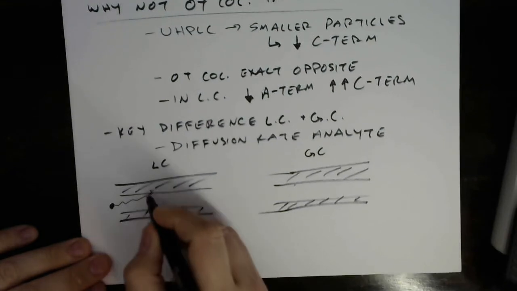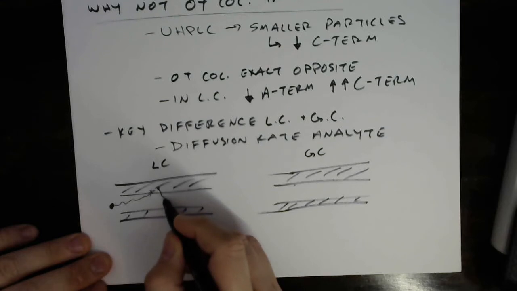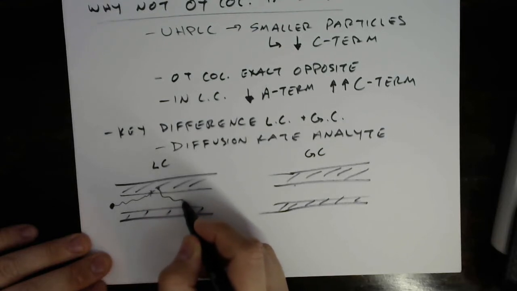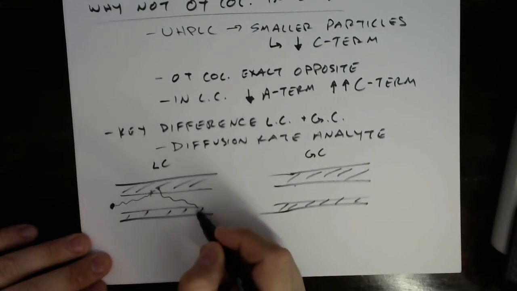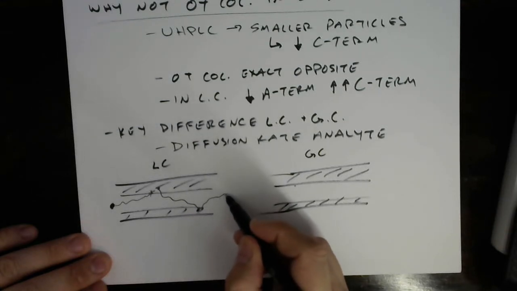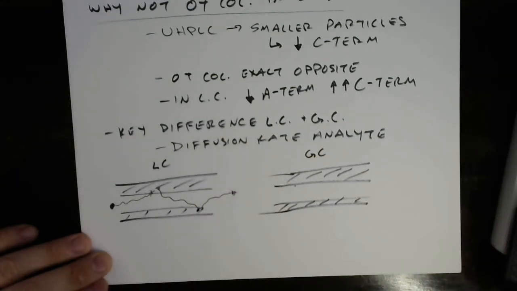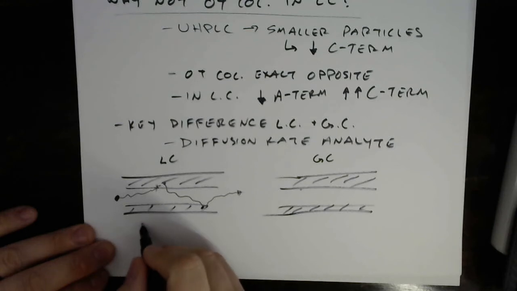It has diffused into the stationary phase. It spends some time there, and then it comes back out, and it diffuses again. And it just keeps diffusing until, oh, there we go. It's now extracted again into the stationary phase, and at some point later it's going to come out, and there we go.